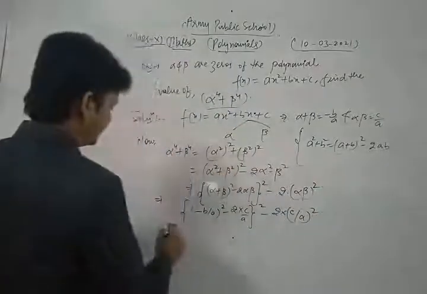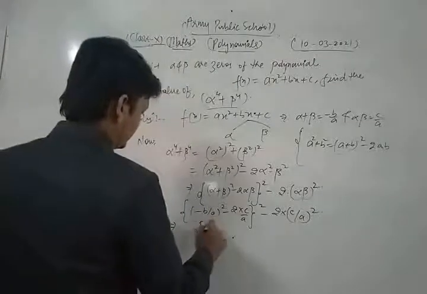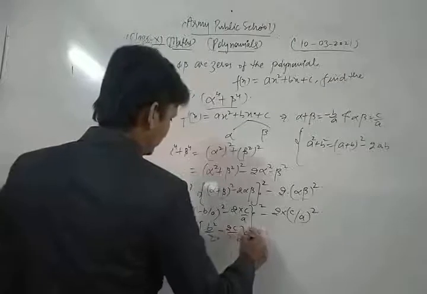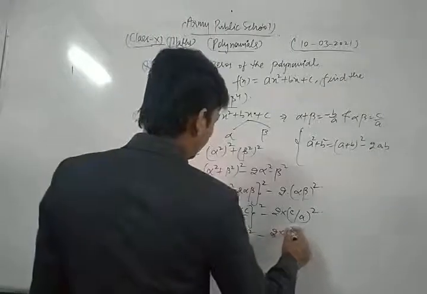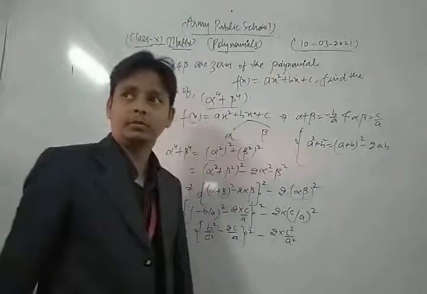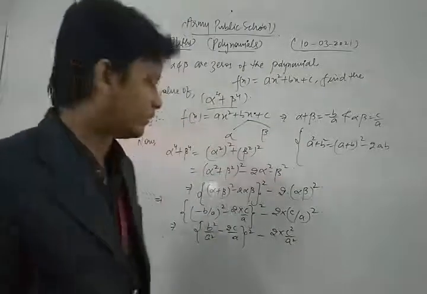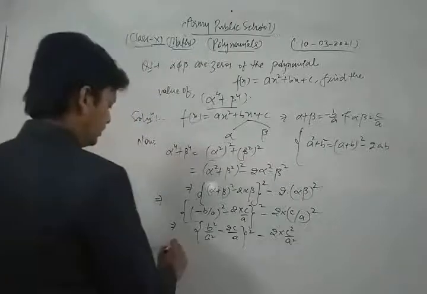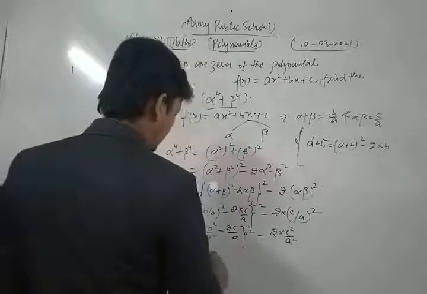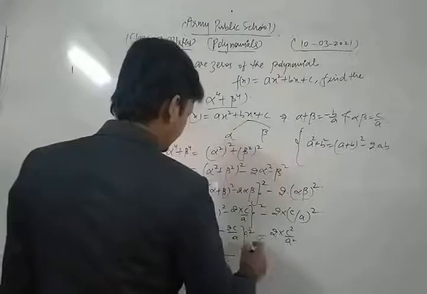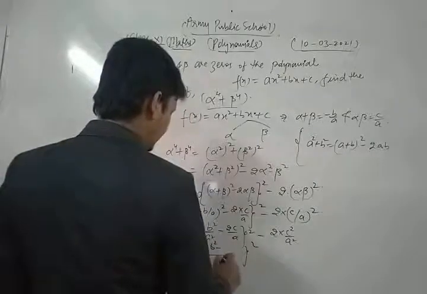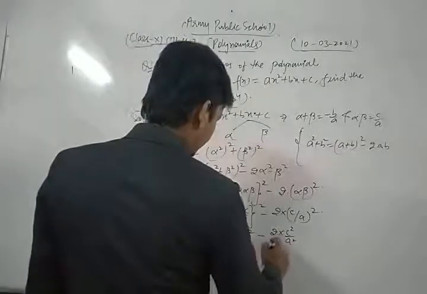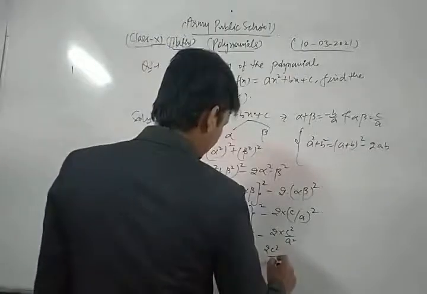Okay, now we simplify them. b square upon a square minus 2c upon a, whole square, minus 2 into c square upon a square. Now we take LCM as a square, so we get b square minus 2ac upon a square, minus 2c square upon a square.